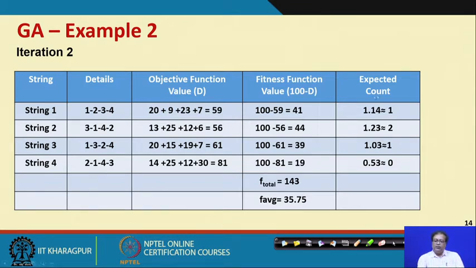Once again we compute those expected counts, if I divide 41 by F average, then I get those expected counts, and from the expected counts we can see some numbers, maybe we can obtain through random numbers also. That will be for our next crossover. In this case there is no mutation considered.